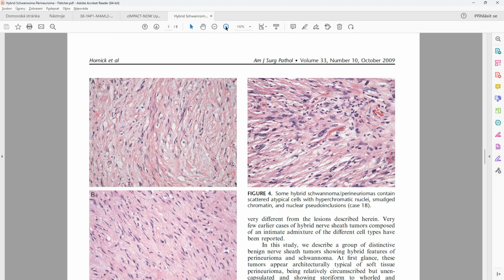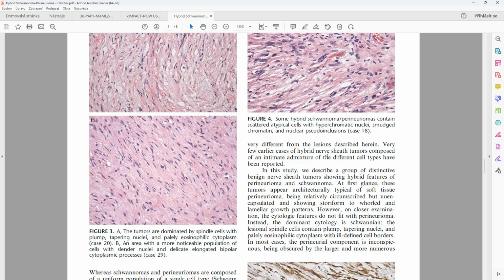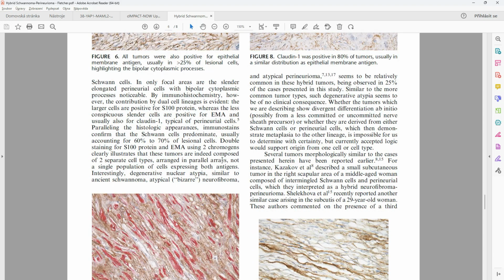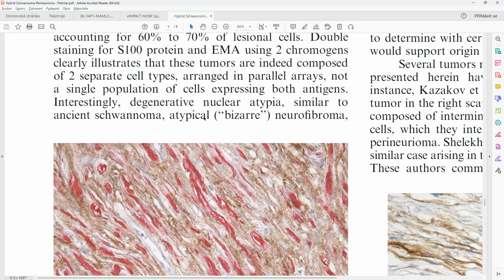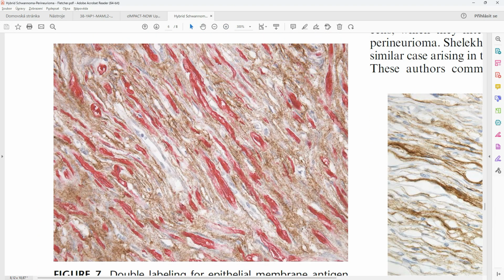So bland tumor, quite hypocellular, and a mixture of plump, large schwannomatous cells with long, thin perineurial cells. And why I'm showing this paper is because they performed this beautiful double staining. So the red marker is S100 protein, and the brown is EMA. So we can see that the different populations stain differently.